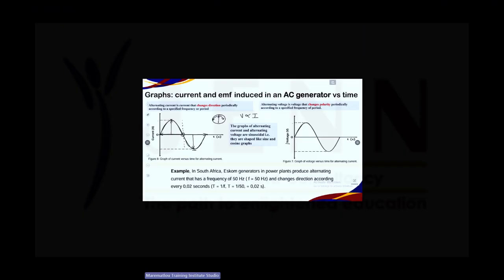When they ask you to draw the graphs, you don't usually have to draw them to scale. You have your voltage over time and your current over time, and you just have to look at where the coil is so that you know where to start.